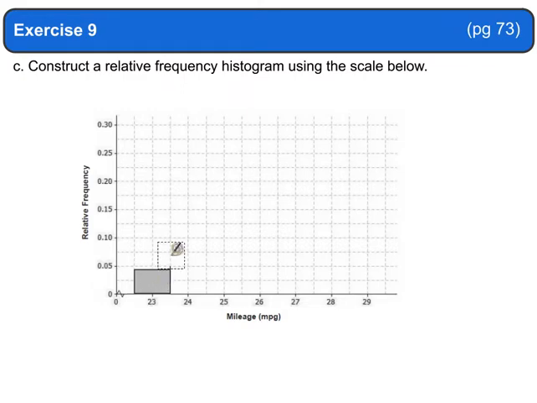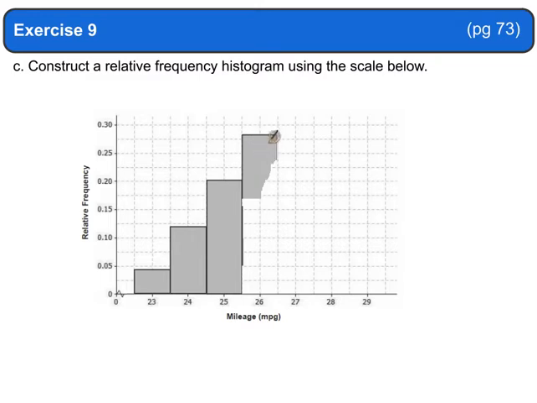The next one would be 0.12, so it's going to come up to right there, and then slide down. Then we're going to have 0.20, so it goes there. You know how to fill in the rest. You could take a moment to try and fill in the rest and see if you're right or incorrect. The other frequencies were 0.28, and then 0.20, and so on down.